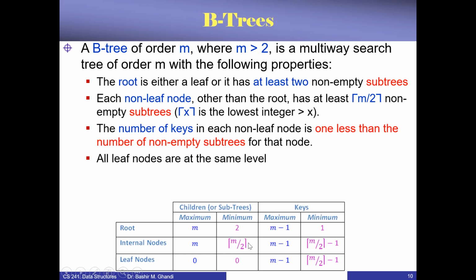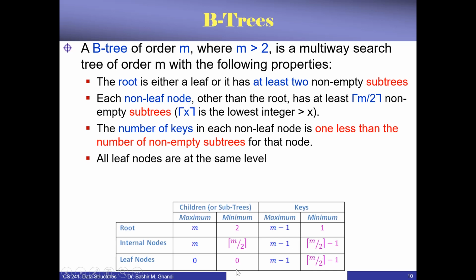So the minimum keys will be this number minus 1. This is always the relationship between the number of subtrees and the number of keys: the number of subtrees is 1 plus the number of keys. So if this is the minimum for subtrees, just subtract 1 to get the minimum for keys.